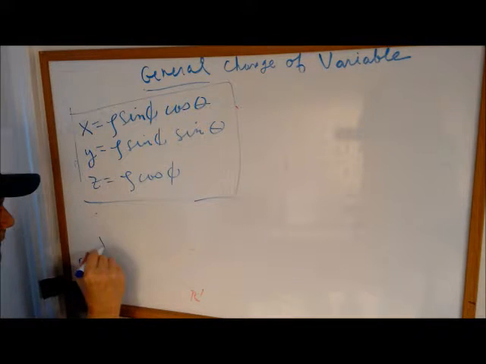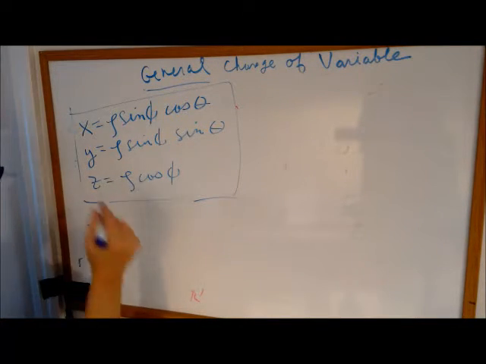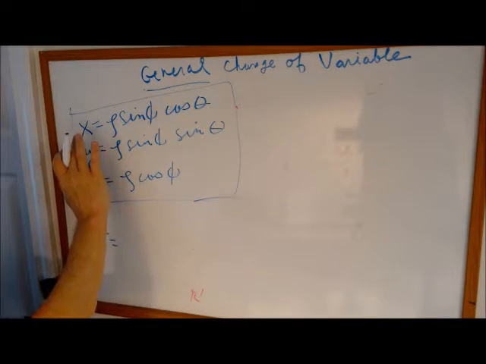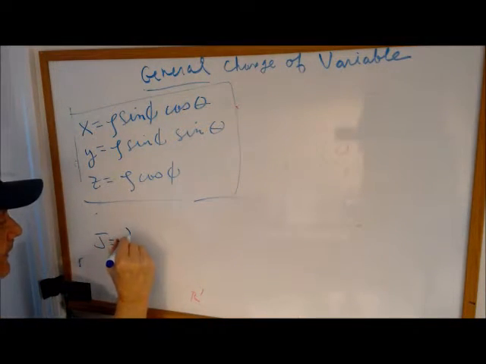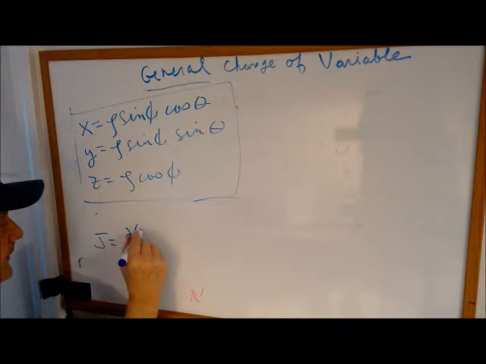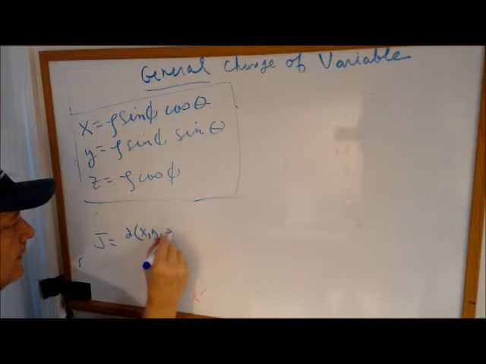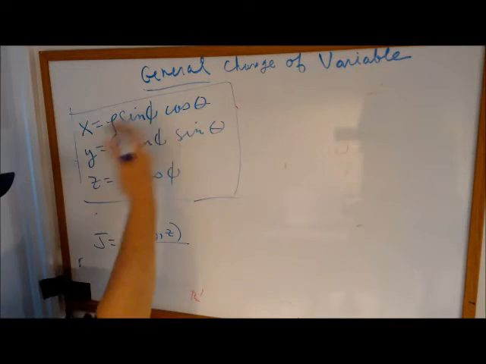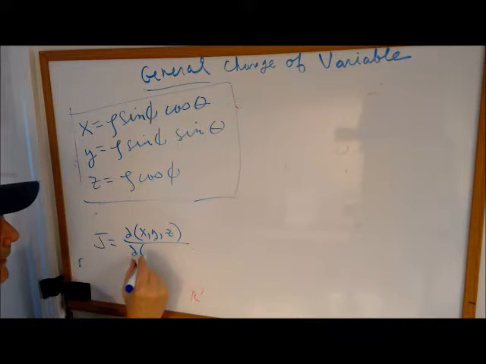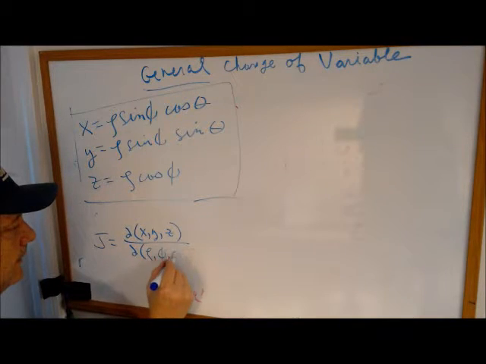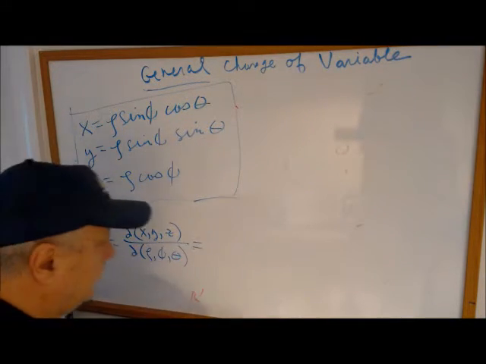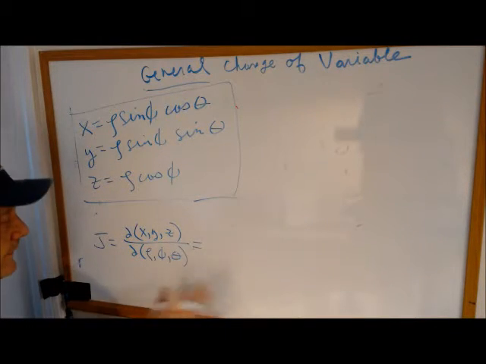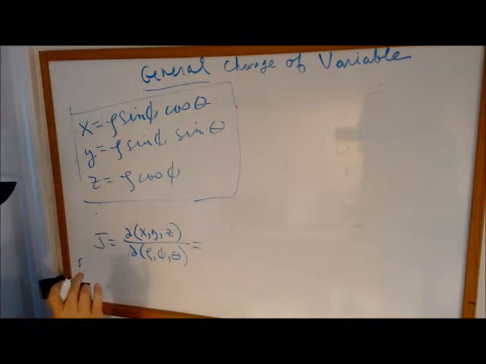So the Jacobian is, this is now in space, so it's R3. So we have the partial of x, y, z divided by the new variables, which are not s and t, it's rho, phi, theta. And if you recall, the Jacobian was the determinant of the 3 by 3 matrix this time.